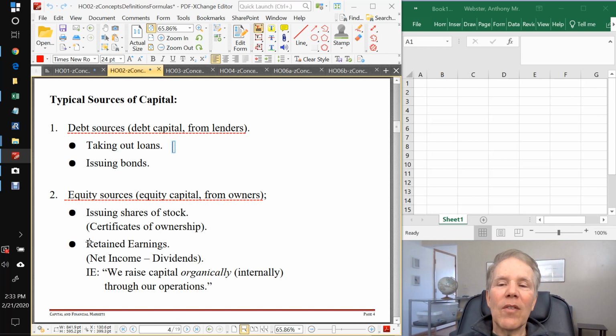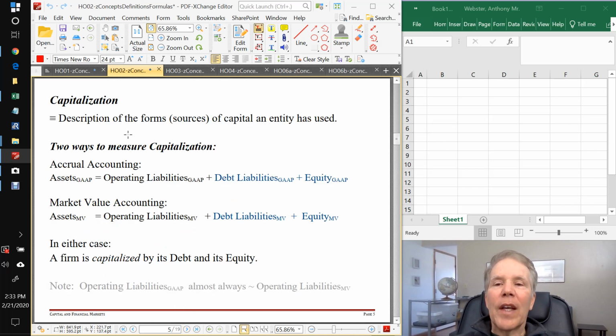And also we consider as an entity source retained earnings, which is net income minus dividends. So that's money that the firm has generated from operations and that it has not chosen to give back to its owners as dividends. So those are all our sources of capital.